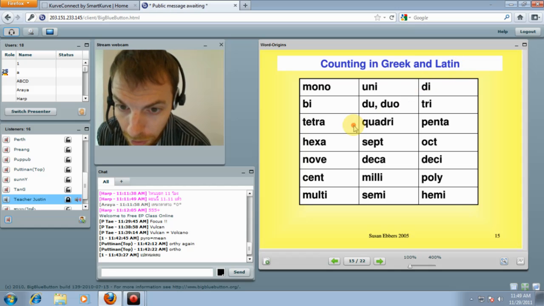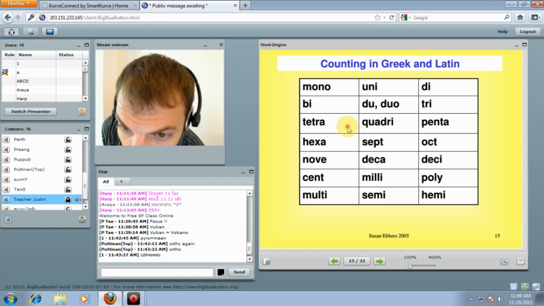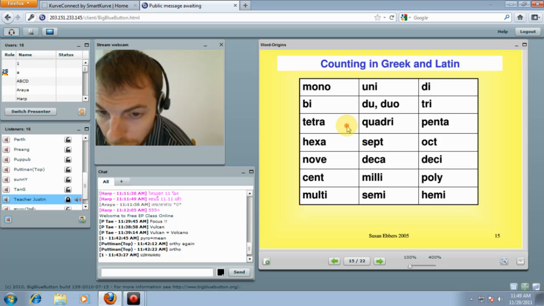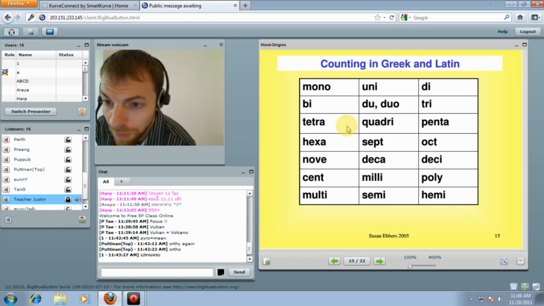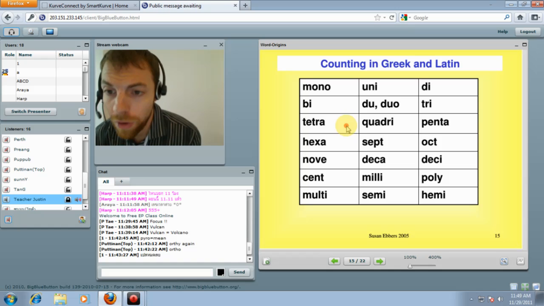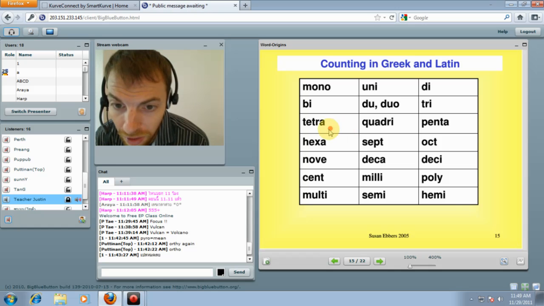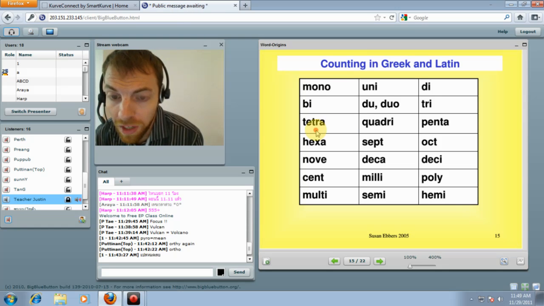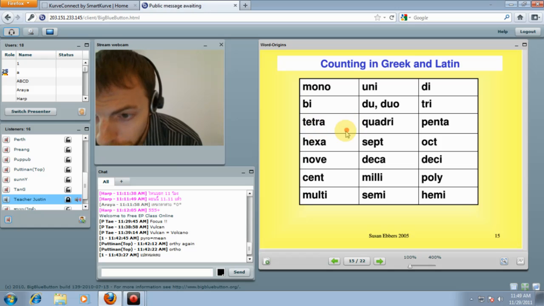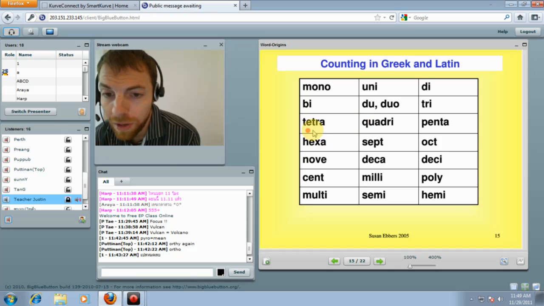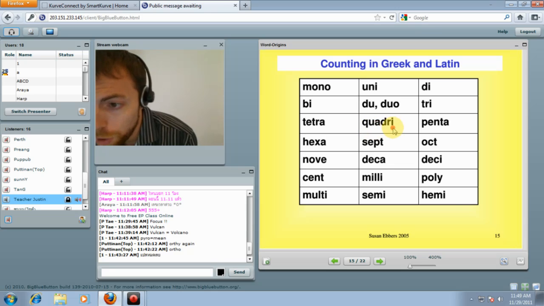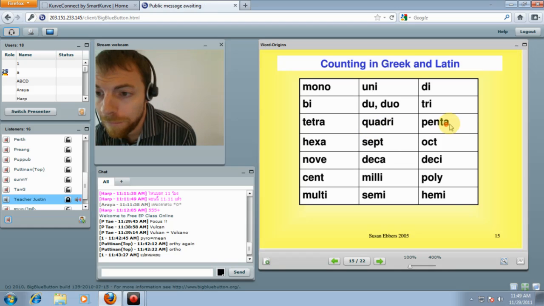Let's see, what else do we have? A lot of these are about shapes. So when studying math, you will find a lot of these words in math, like tetra, meaning 4. I'm sorry, tetra meaning 4. Quadra meaning 4.